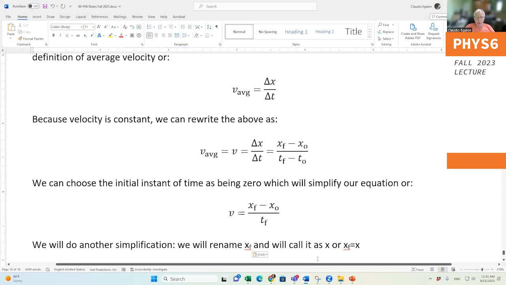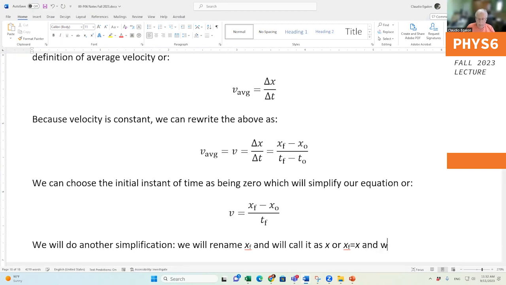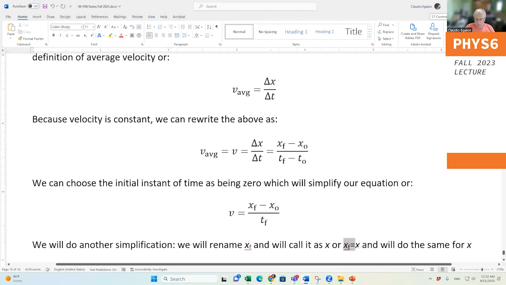There's no need to keep carrying the f subscript everywhere. We'll do the same to tf: we're going to drop the subscript.